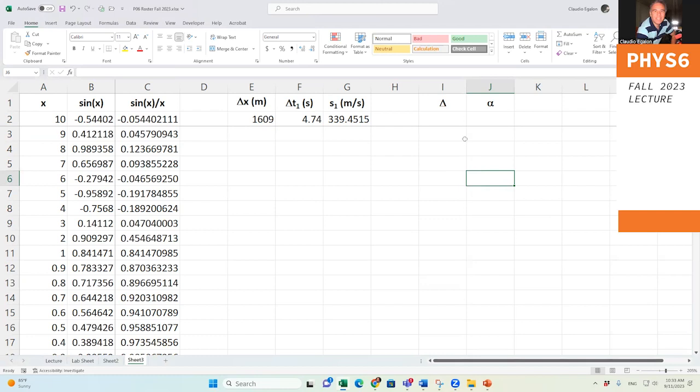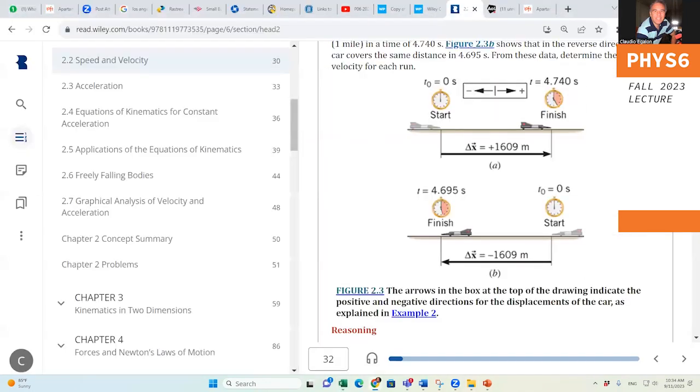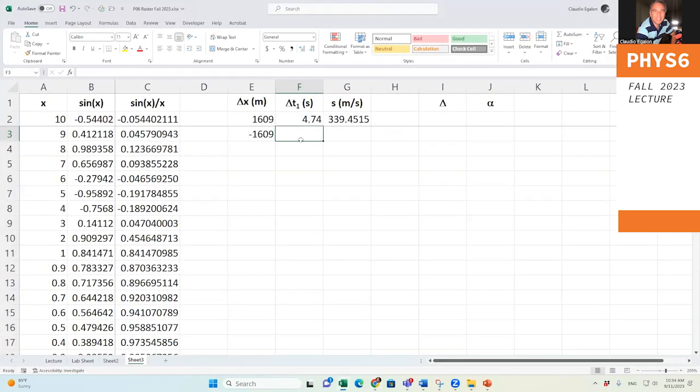Let's see, what I'm going to do is put F. I'm not going to put S1, I'm going to put S. The other displacement is minus 1609, but then he went for a delta T that was shorter, 4.695.